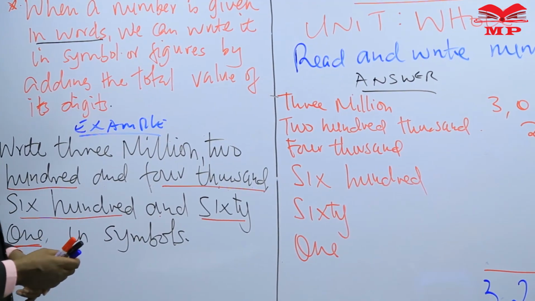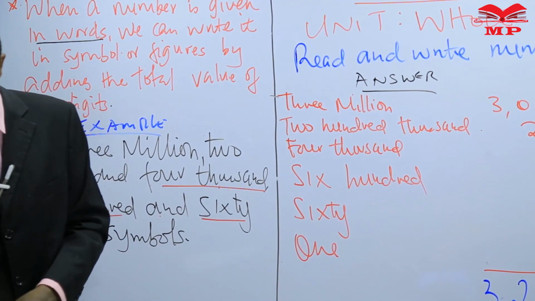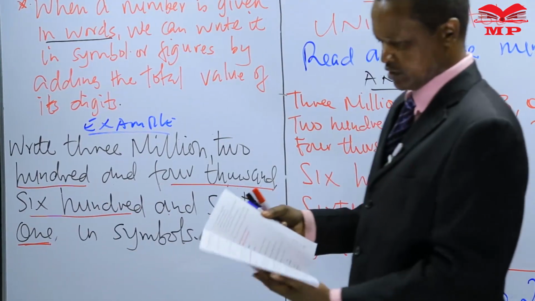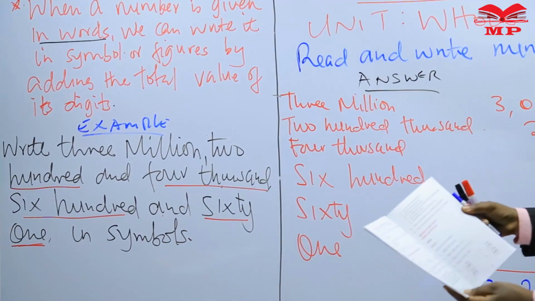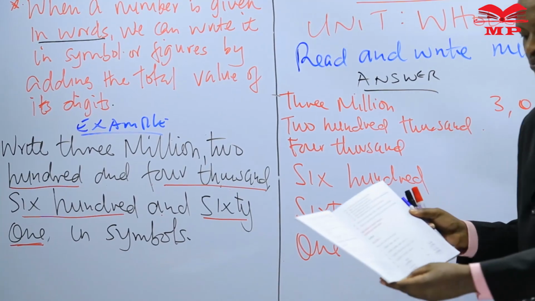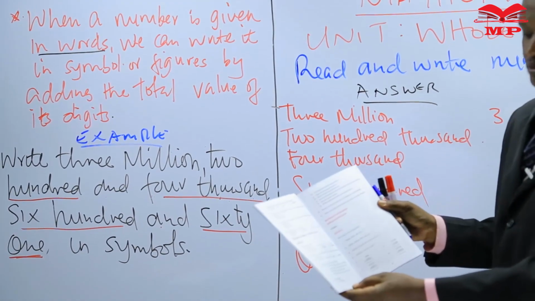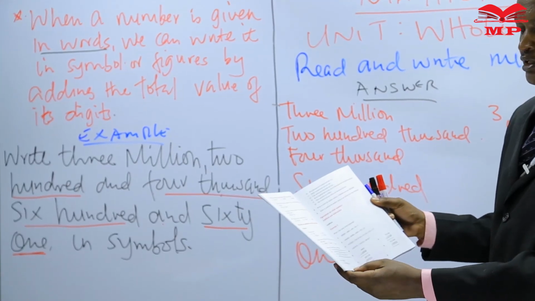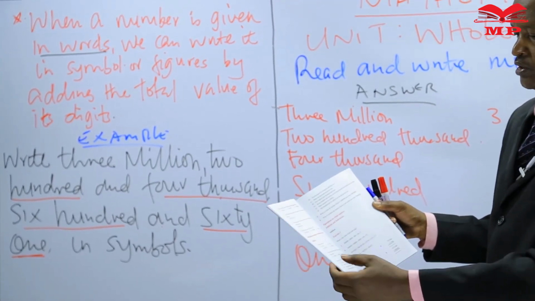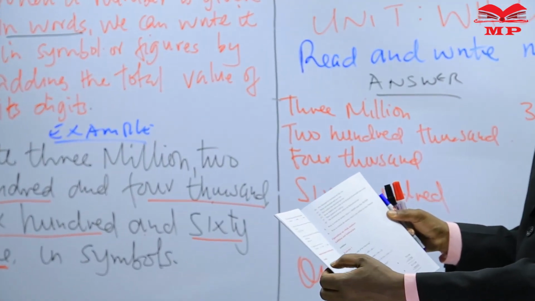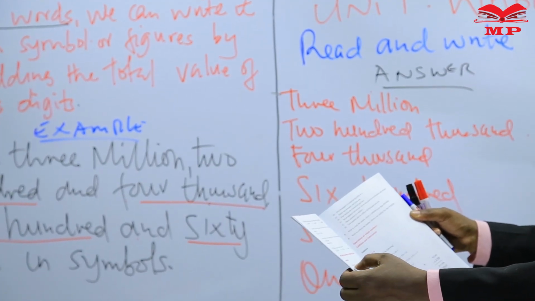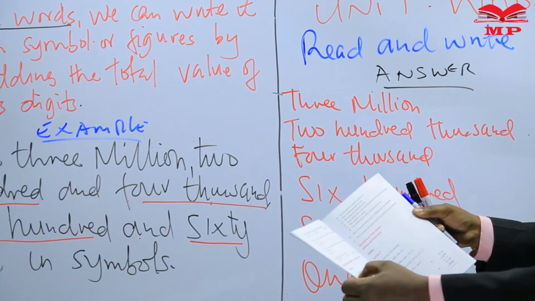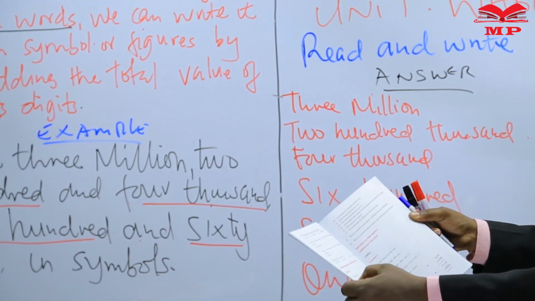Now it's your turn to practice. I want you to go and work out these exercises from your pupil's book, page 2 and page 3. In our last lesson, we did together exercise number 1. You did exercise 2, question 1.